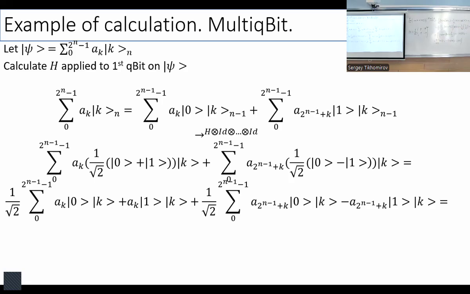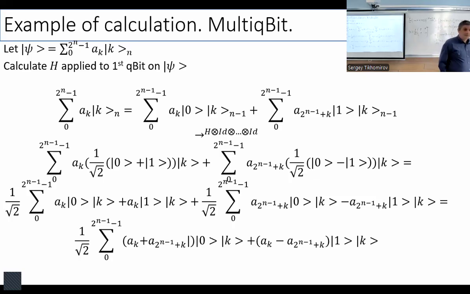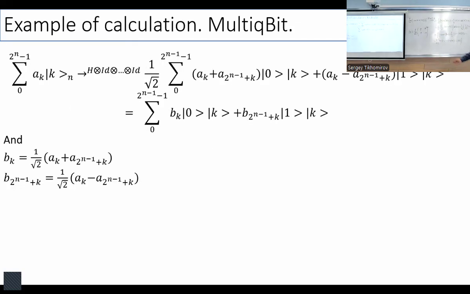I group them, and this is not only what I do on a blackboard, but also what a quantum computer does in physics. It creates a state of such form: 1 over square root of 2 in front, in front of 0k a certain sum, and in front of 1k a certain difference. Okay, here is a misprint. So this is the result.